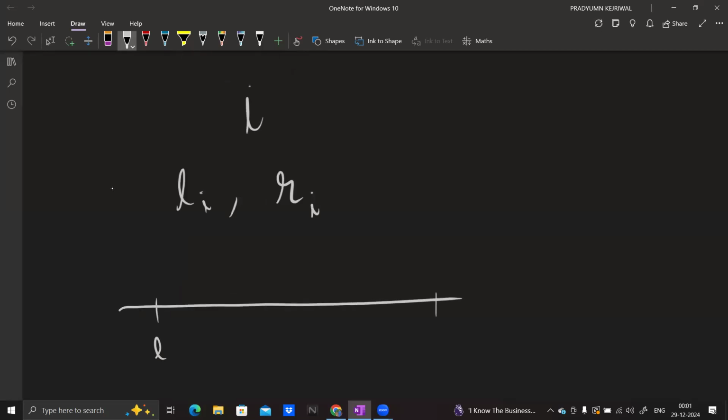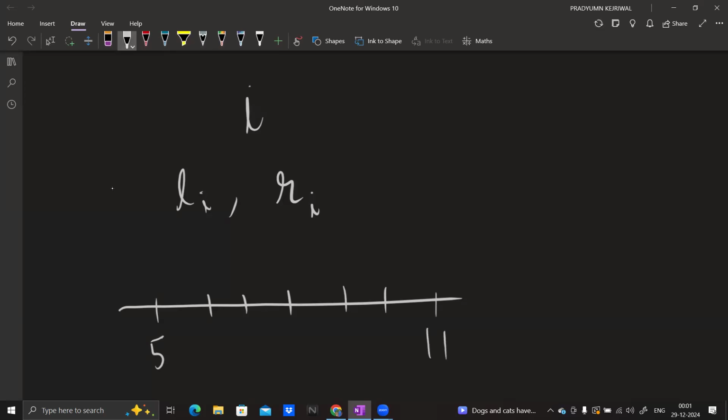We have Li and we have Ri, and there are some numbers between these. Let's say each one of them has been taken. What I mean by taken is, let's take numbers for better understanding. Let's say this is 5, 6, 7, 8, 9, 10, 11.